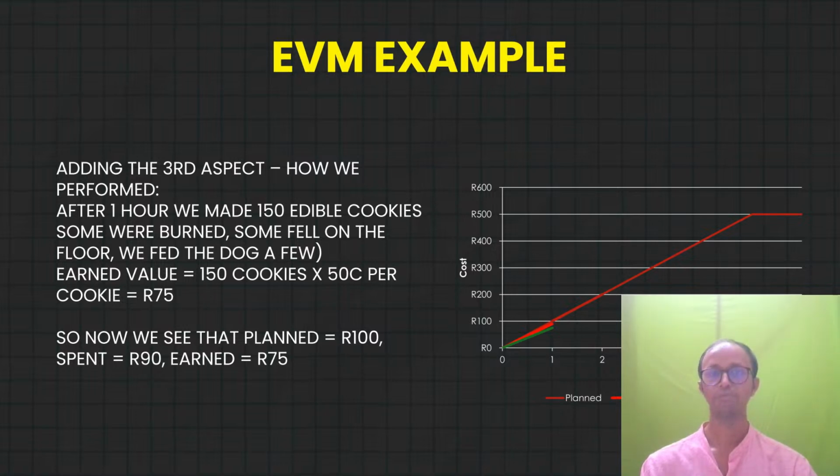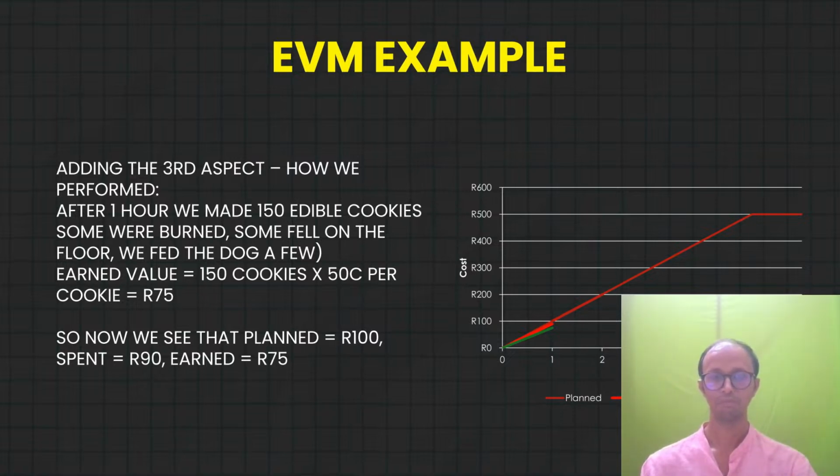So now, our plan was to make how much? Our plan was to make 200 cookies per hour, right? What we did, we were only able to make 150 cookies in 1 hour, but the amount of money we spent was 90 rand. What should have been spent was 100 rand.